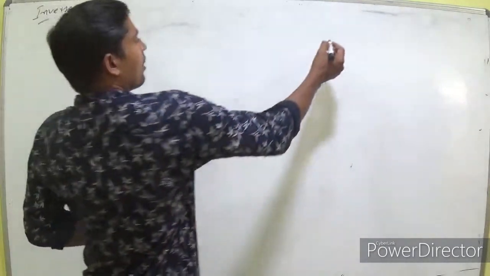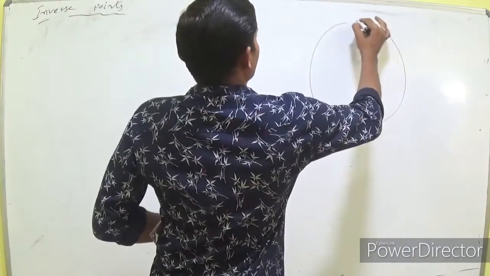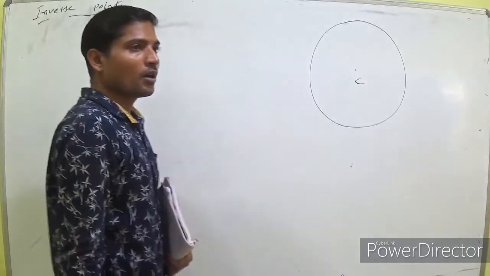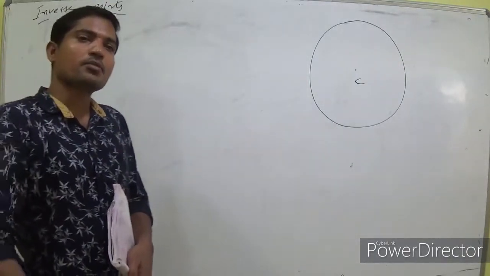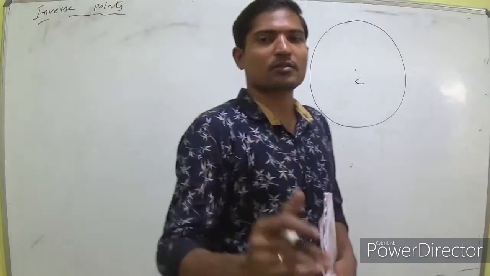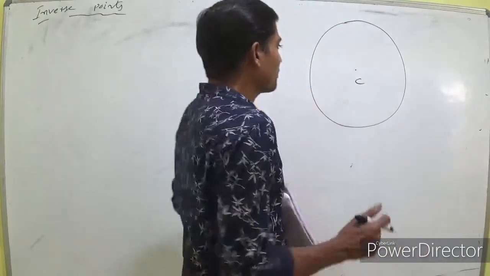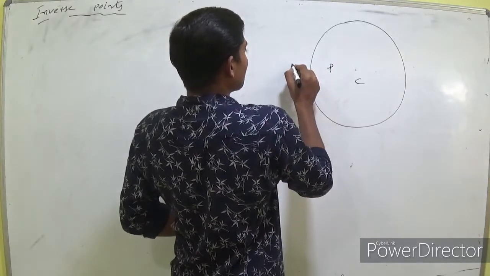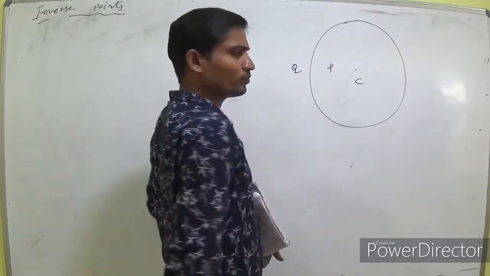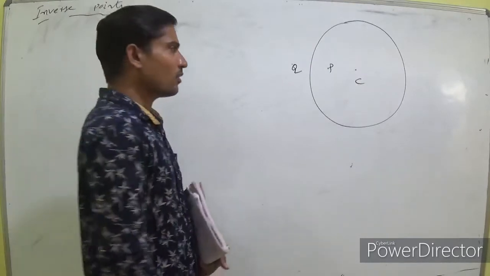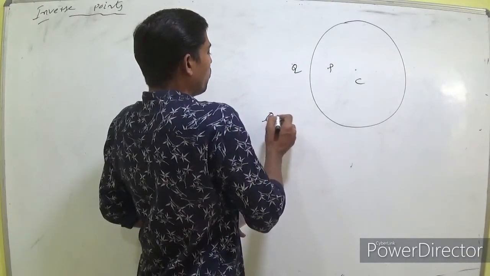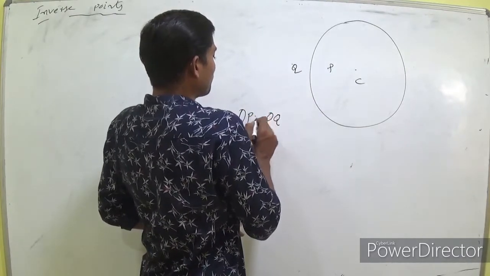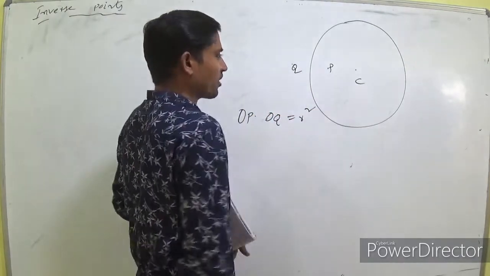See, a circle is given here, center C. The 2 points lie on the same side of the center C. Suppose P and suppose Q. Then OP dot OQ is equal to R square.